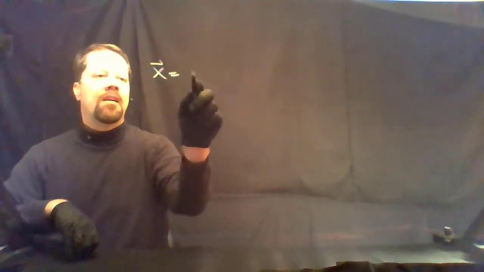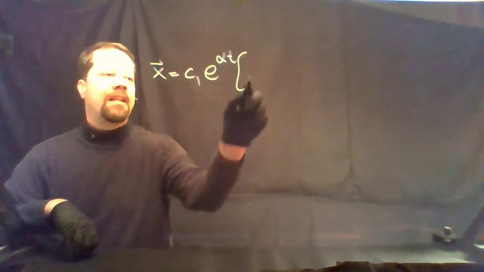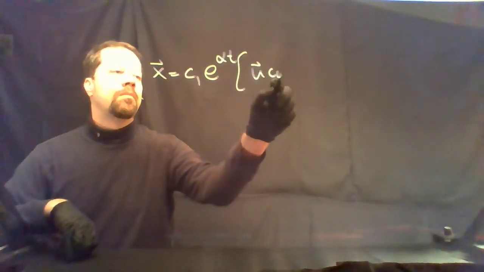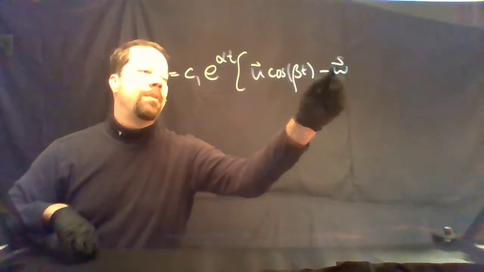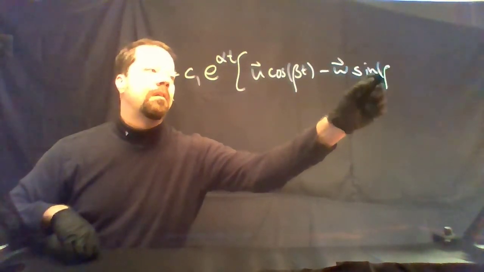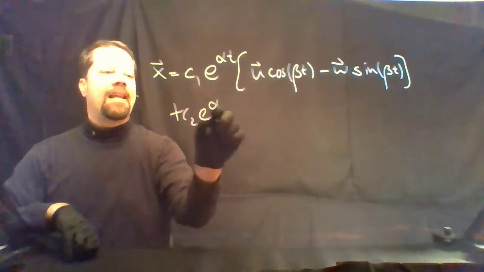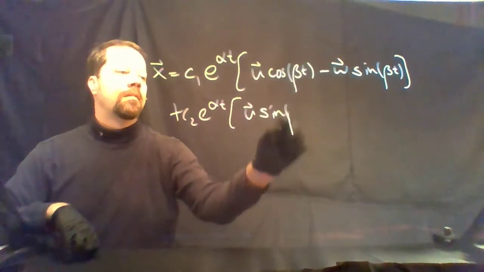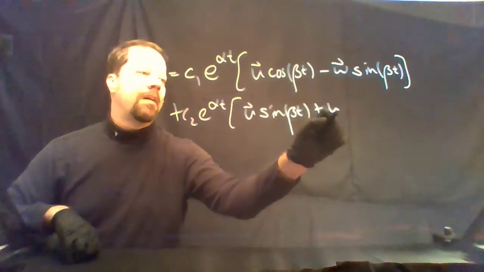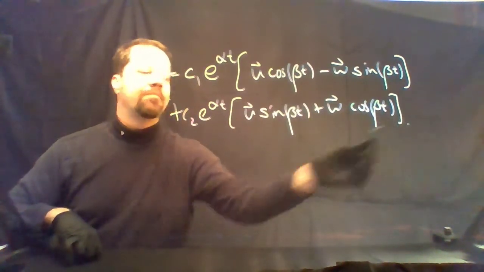As you'll recall, solutions having complex eigenvalues look like C1 e to the alpha t times (u cosine beta t minus w sine beta t) plus C2 e to the alpha t times (u sine beta t plus w cosine beta t).